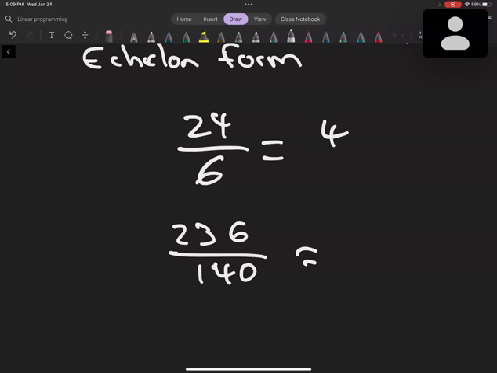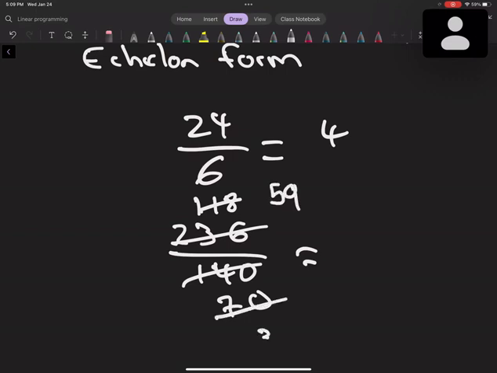So, you start simplifying this one, right? Until you get a better number. So, for example, half of 236 is 118, half of 140 is 70, right? Half 118, half 70, is 59 over 35. And probably that's it. So it's better to write 59/35 than 236/140.